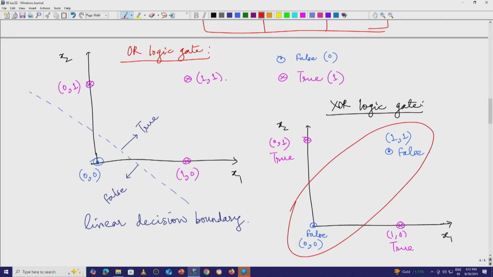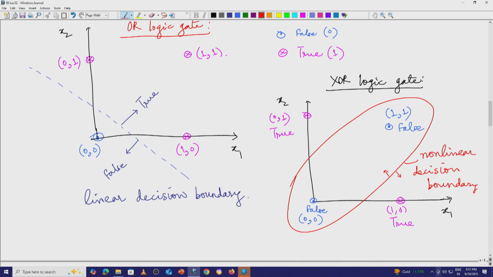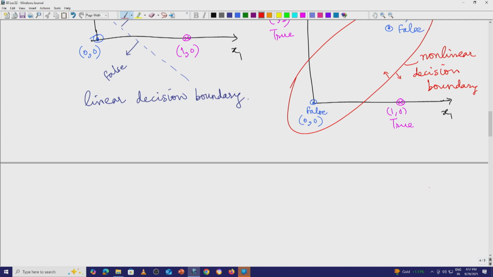So, this is a non-linear decision boundary, and you can see that within this boundary you are having false values, and outside this boundary you are having true values. So, in this case you will be able to represent the logic gate through only a non-linear decision boundary. So, let us go ahead and write these points down.